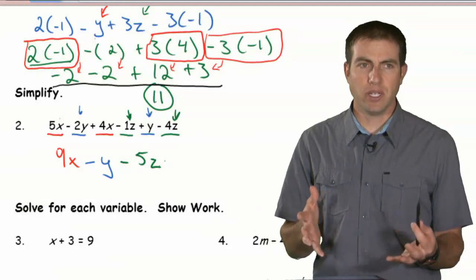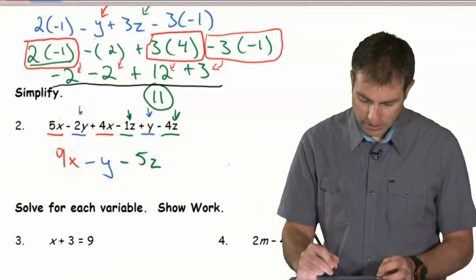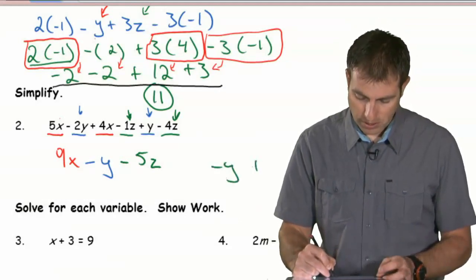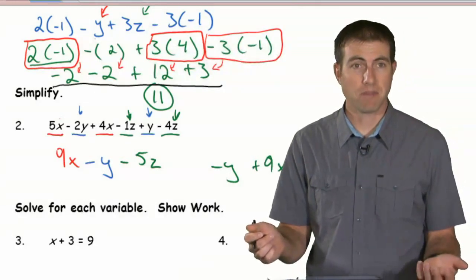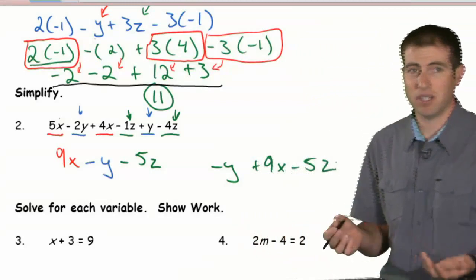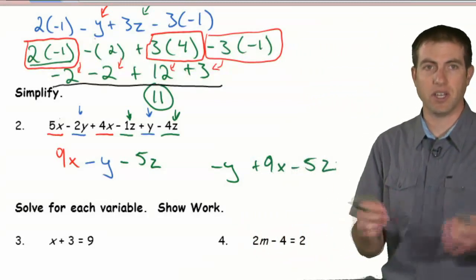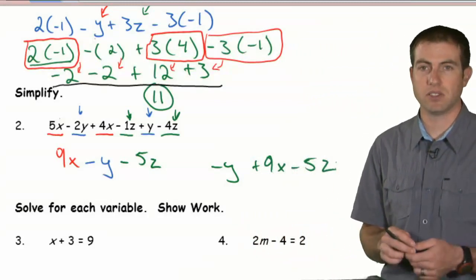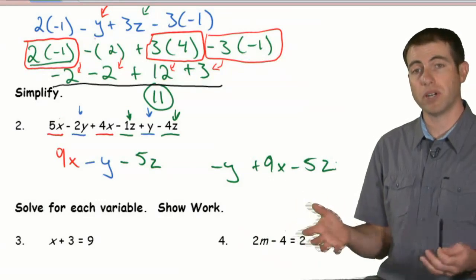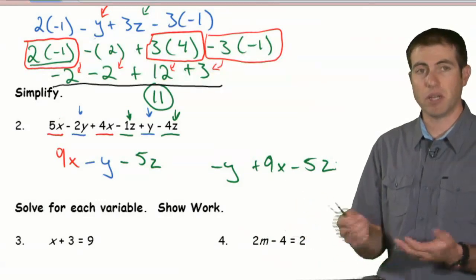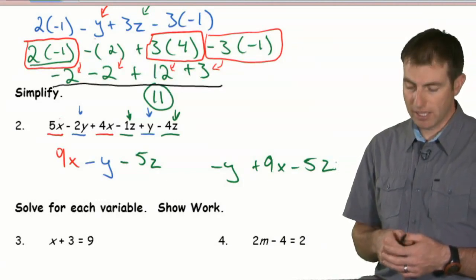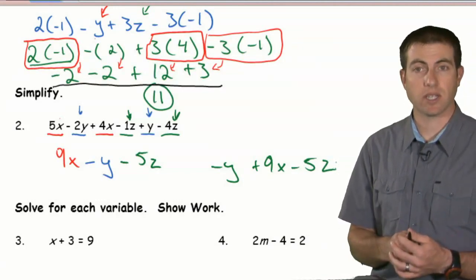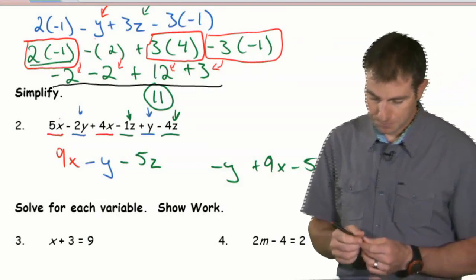But if you had written something like -y plus 9x minus 5z in that order, that would be fine as well. It's the correct answer. They're just in a different order. It's probably a little more proper to write them alphabetically, but if you write them out that way, there's nothing wrong with that. Everything's right about it. Just making sure your signs are correct is the only tricky part there.